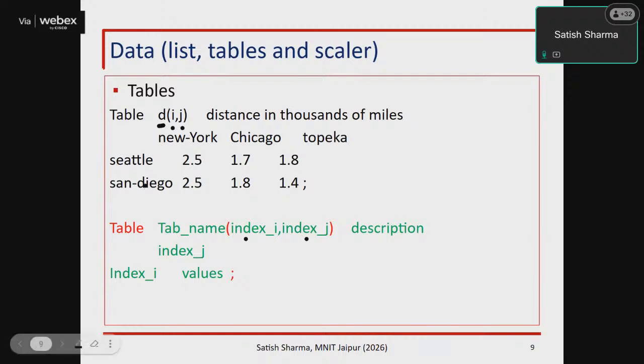Seattle and San Diego are the production cities, and the distance in thousands of miles is provided. So you have to draw a table like this. Then Seattle to New York distance is 2.5, Seattle to Chicago is 1.7, and so on. So different distances are available here. Okay, so this is how we can define tables.